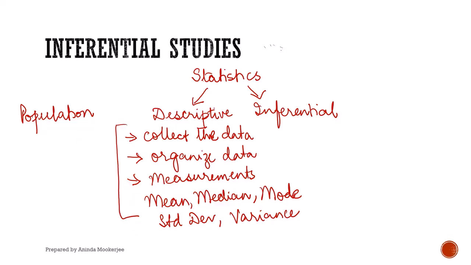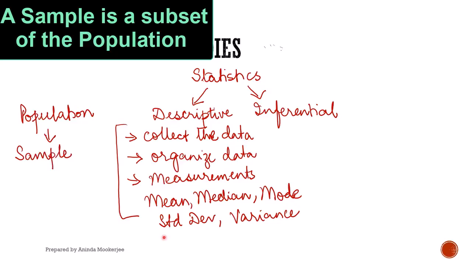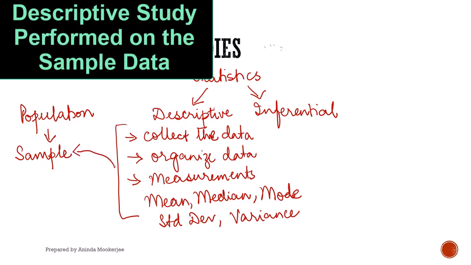Therefore, what we do is we get a subset from our population and create what is called a sample. So instead of working with an entire population, we obtain a subset of the population, which is called a sample, and we perform our descriptive study on our sample data.